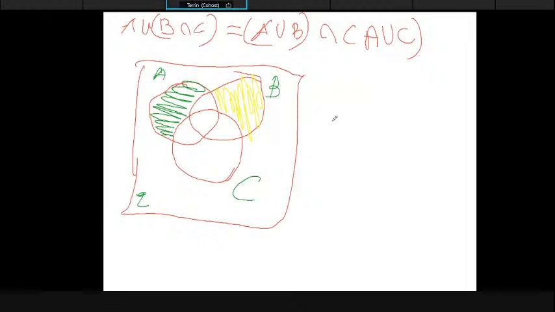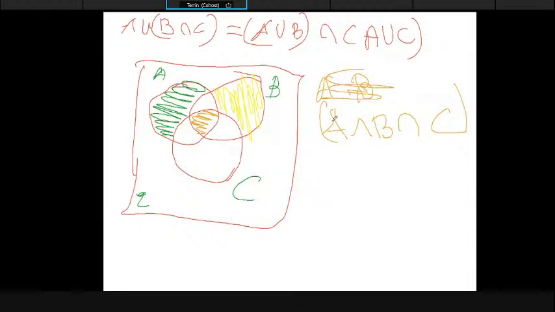So we know the rest. Everyone has done this before. This one in the middle represents all elements that are found in A, in B, and in C. So this is your relationship for A intersect B intersect C.